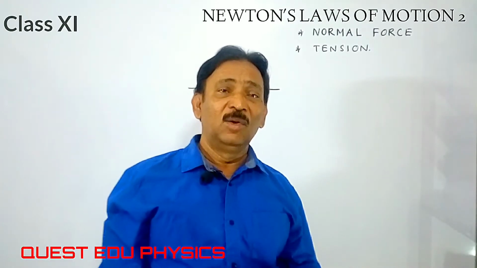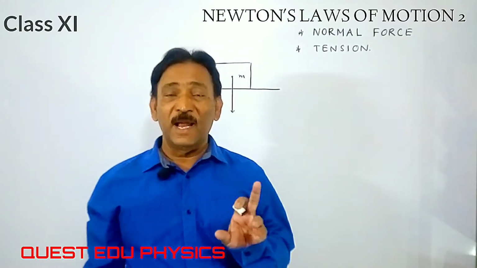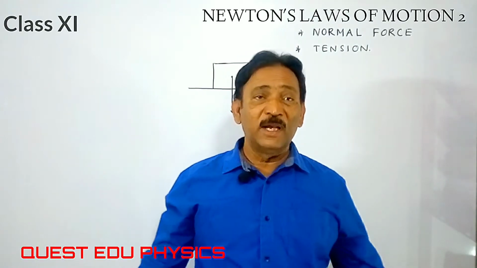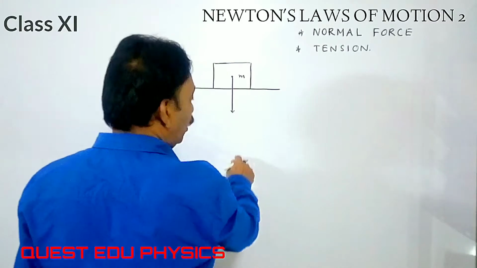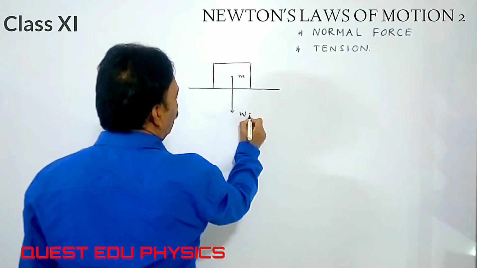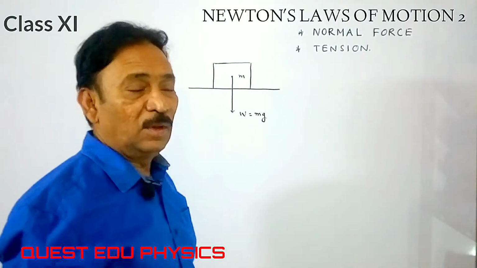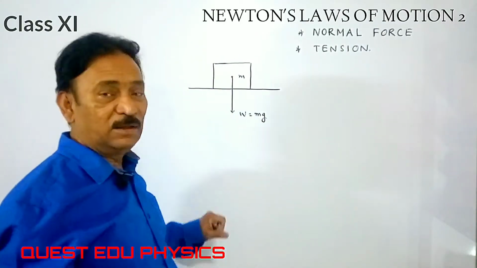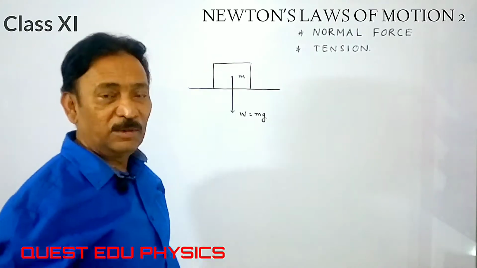You cannot get both action and reaction on a single body. They act on two different bodies, and they are equal and opposite. Here a force will act vertically downwards. Let's say it is the weight of the body, and you learned that weight is nothing but the force with which a body is attracted towards the center of the earth.